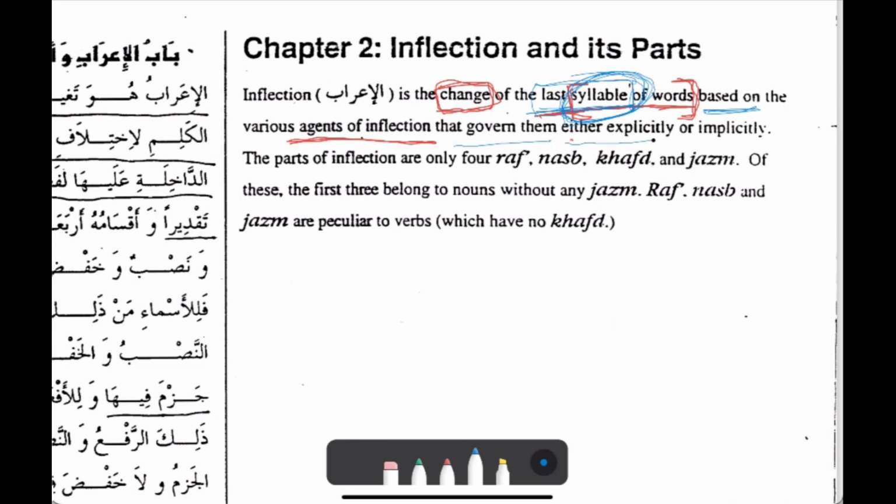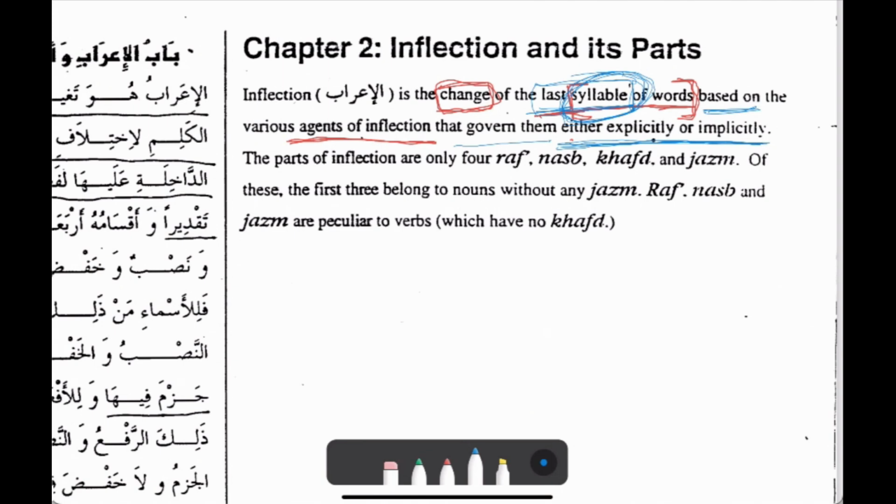I find that a poor translation, explicitly or implicitly. Lafzan means pronounced. Explicit means doesn't have another meaning. That's different. Taqdira means implied, yani estimated. So maybe that works. Maybe implicit works.